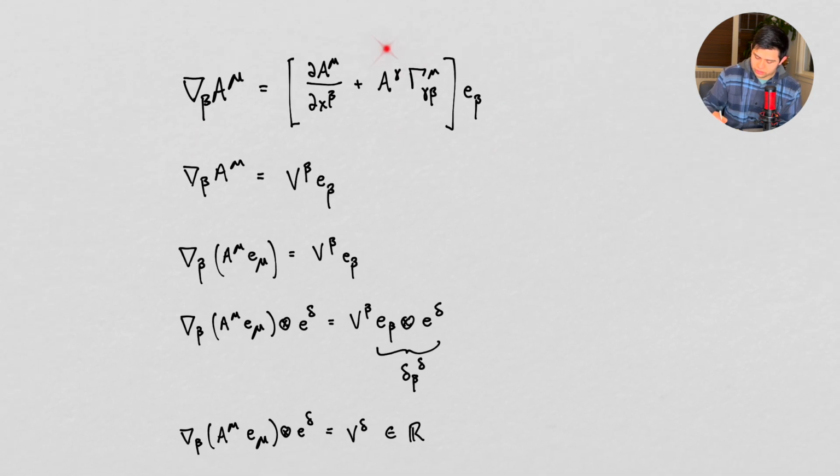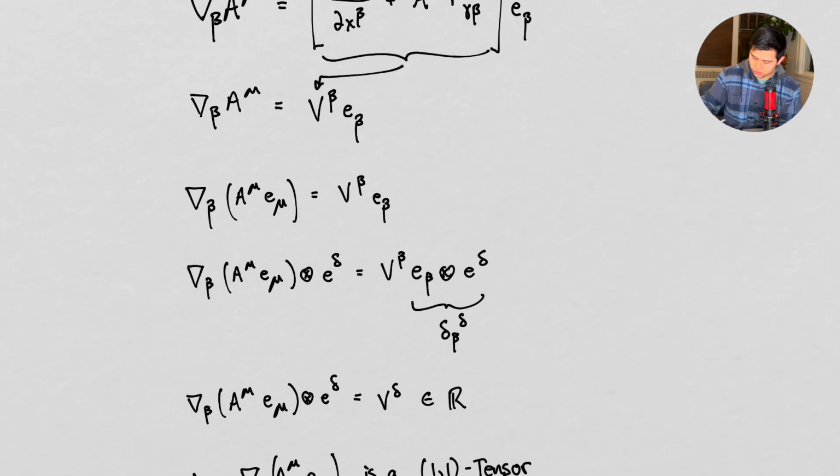If we call this, it's really just a vector, right? This here is the component v beta, okay? What we can say here is that therefore the derivative of some vector is a vector, okay?